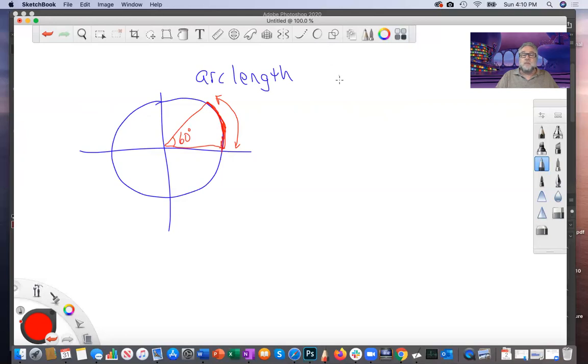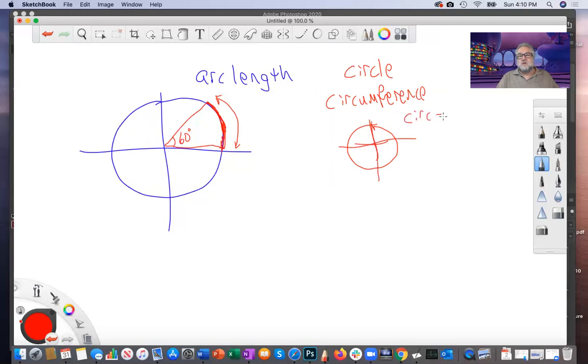Now, you know something about this already, because you know in a circle, the circumference, which is the distance all the way around a circle, the perimeter, is equal to 2 pi times the radius. And the area of a circle is pi r squared.